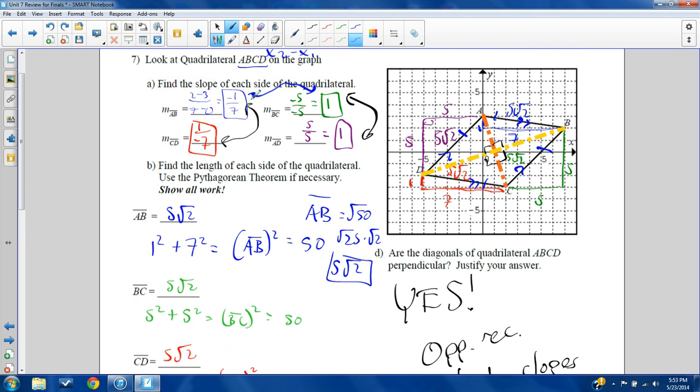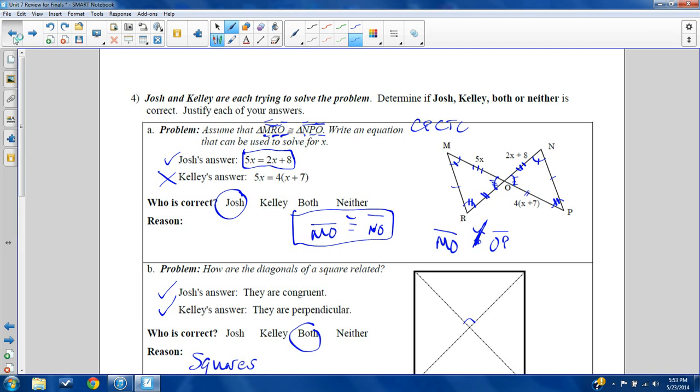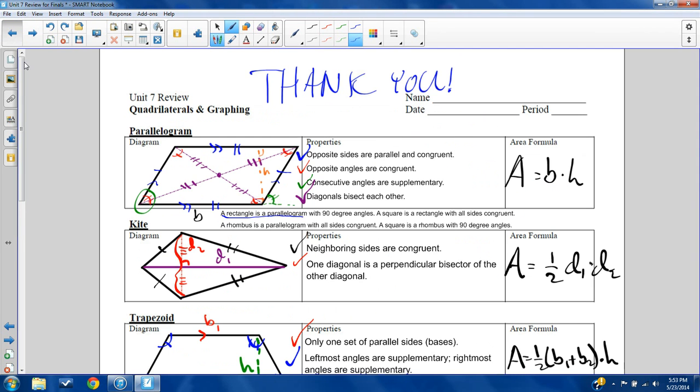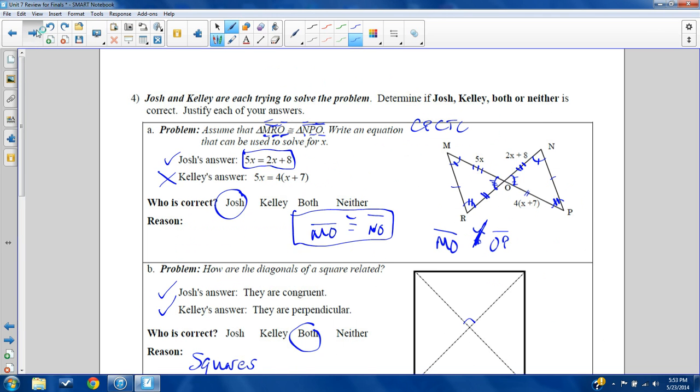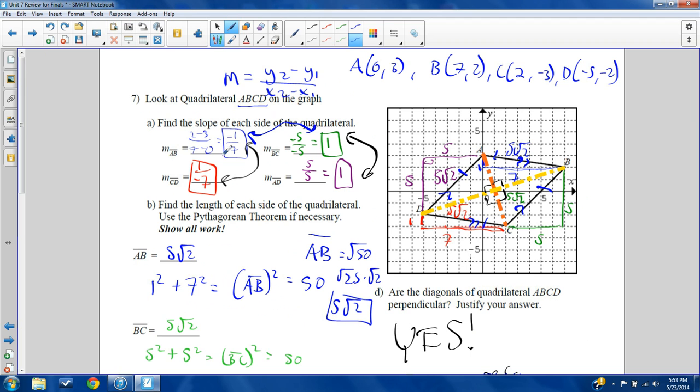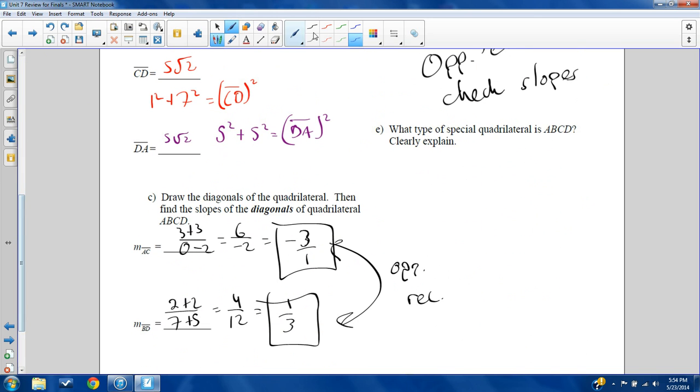Because a square, remember, is a rhombus with 90-degree angles. I wrote that right here. For these angles to be 90 degrees, these slopes need to be opposite reciprocals of each other. For instance, if this was negative 1/7, this would have to be 7 over 1. But it's not. So this angle is not 90 degrees. Because it's not 90 degrees, it's not a square, and because it's not a square, it is a rhombus.